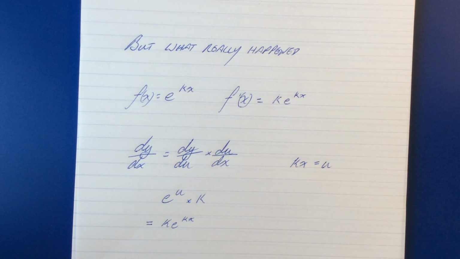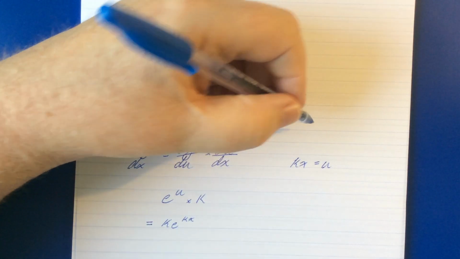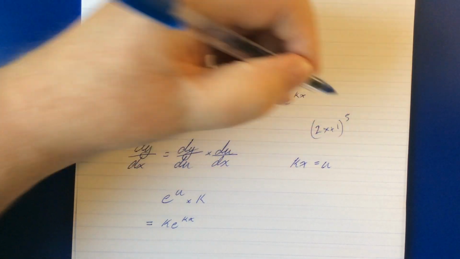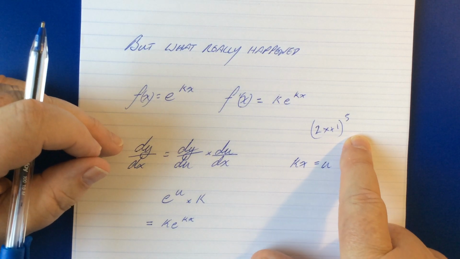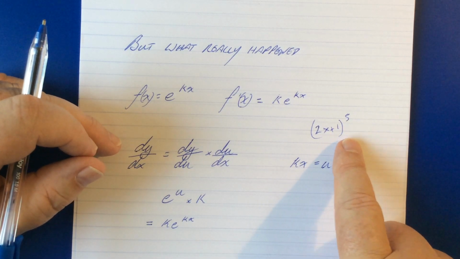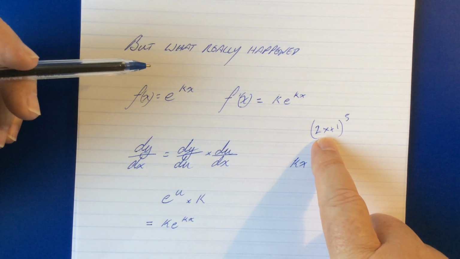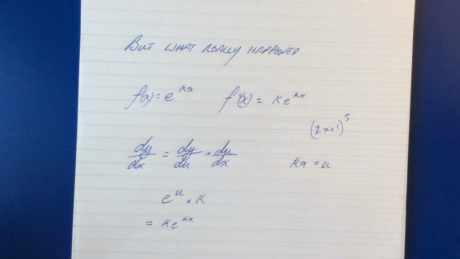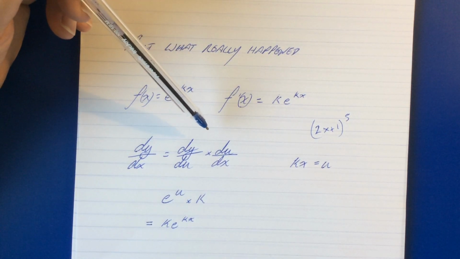So, for example, you'd use the chain rule for something like this. You don't want to expand that, and again, in this case, we have to assign u to this, and then we go ahead and differentiate. So let's see what goes on here.